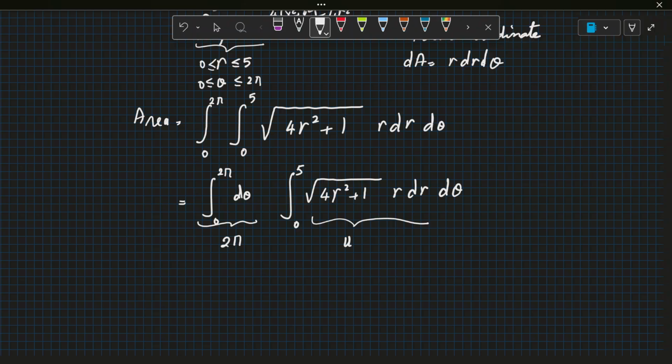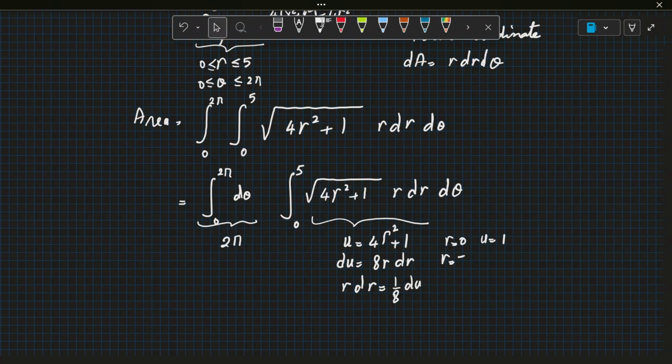Well, let's take a substitution. u is equal to 4r squared plus 1. So du becomes what? 8r dr. Therefore, r dr is 1/8 of du. When r is equal to 0, u is equal to 1.